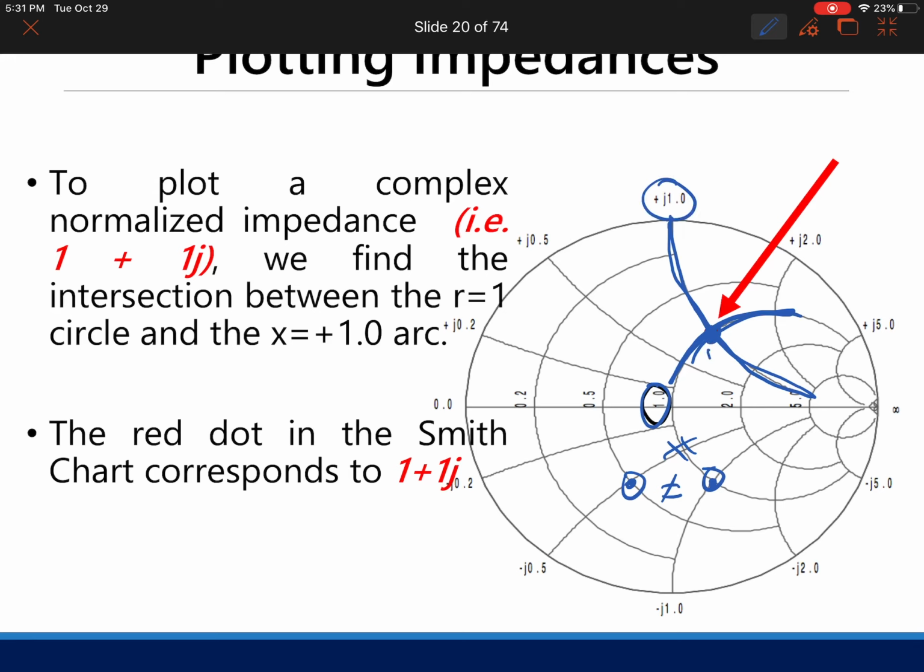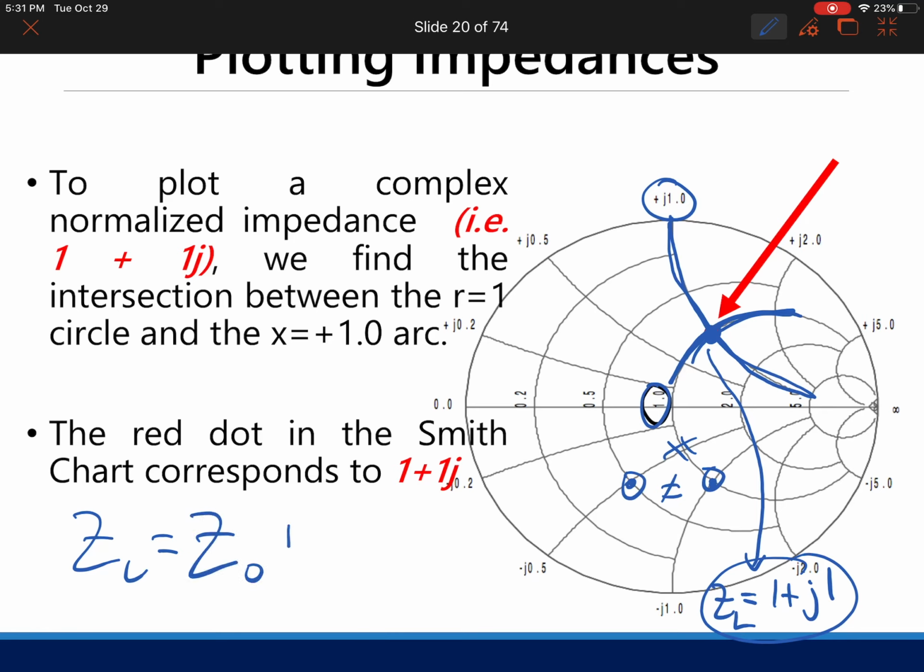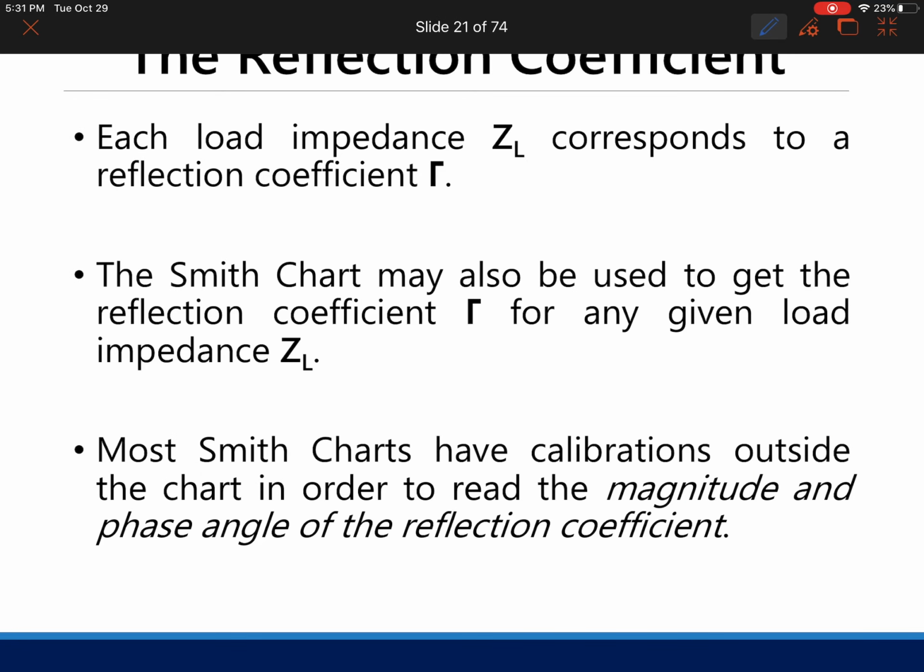Then the normalized impedance here is 1 plus j1, and so it's a load impedance. To get the actual load impedance, you multiply this by the characteristic impedance Z0. There you go. This is the load impedance at this point given in the Smith chart. So that's how you read the Smith chart.